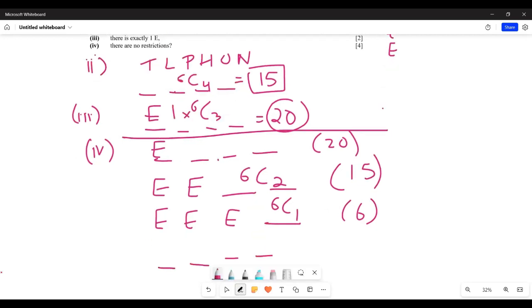So take away the E's, and then we have 6 letters left, 6C4, which gives 15. Add them together, we get a total of 56.